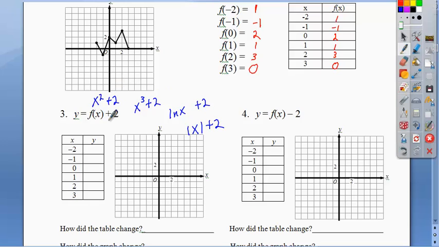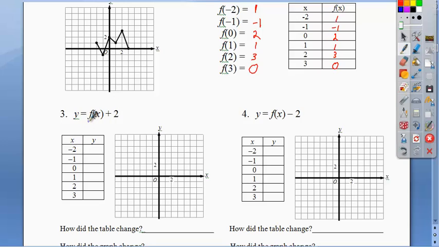Notice everywhere I'm putting my parent function, these circled ones being the parent function, on the outside of it, what is happening? You got the plus 2 happening. And so that's how this is going to relate back to what we're doing here. And so what we want to know is what happens when I add 2 to the outside of this.